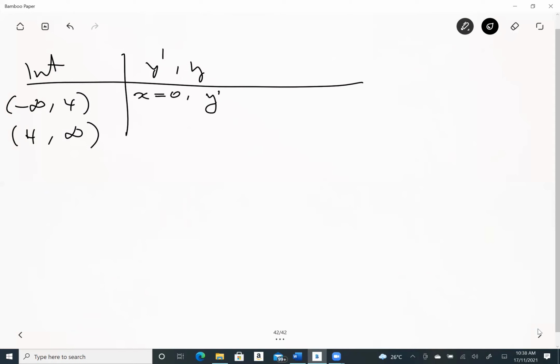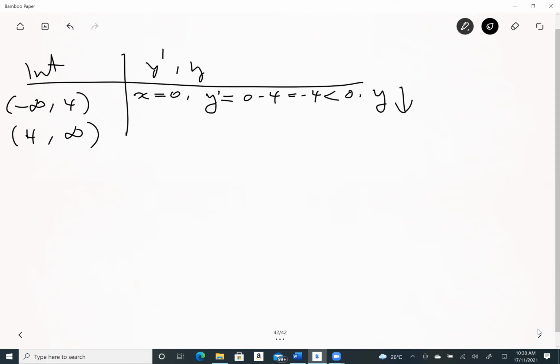Y prime, you substitute the value 0 into that. So what do we get? You get 0 minus 4. That is equal to negative 4. Now negative 4, what is it? Negative or positive? Negative. So what about y? Negative, y increasing or decreasing? Decreasing. Y decreasing. So that is for the first interval.